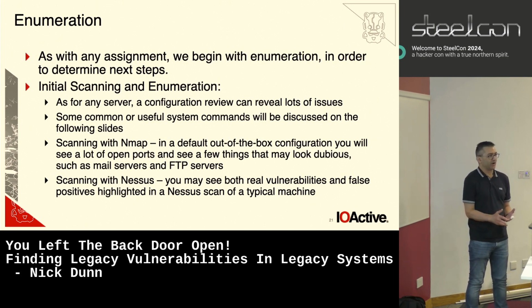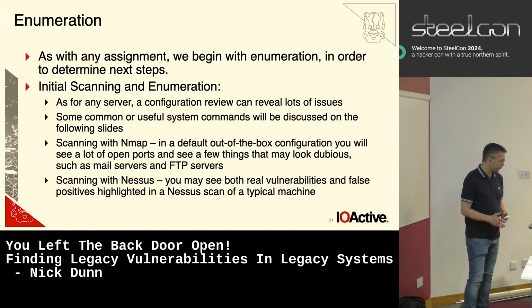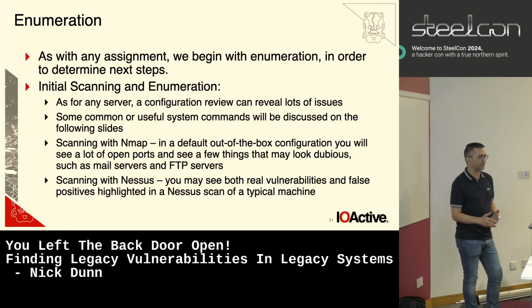So for the enumeration, you'd begin with just running Nmap and Nessus against the system. You're really doing this to find out what services are running, but it does give a very strong indication of how well the system's been hardened, partly from letting you see what's been switched off or left in its default state.